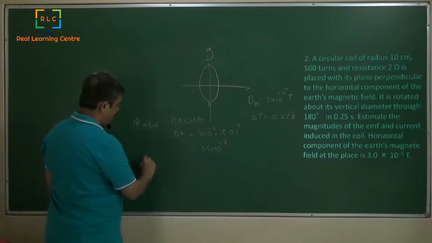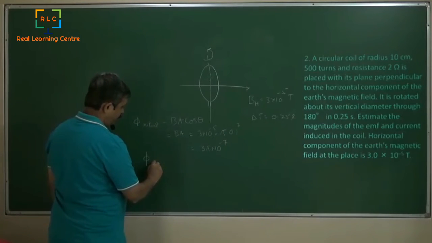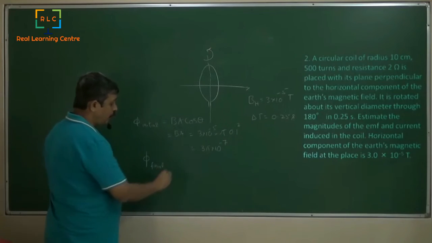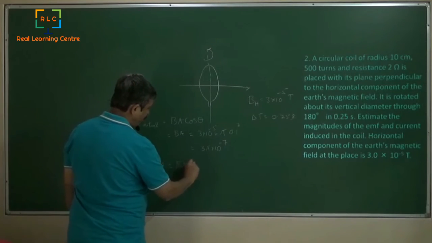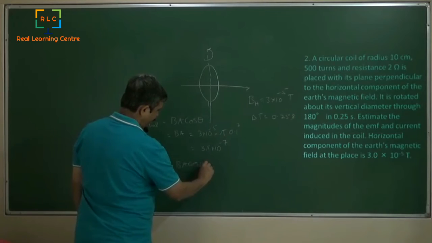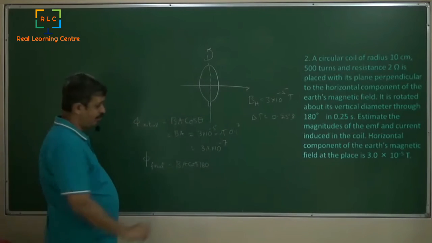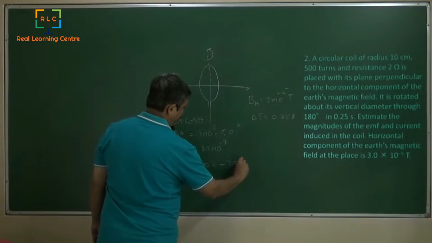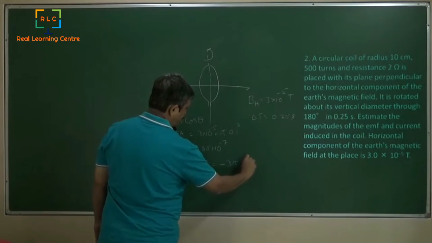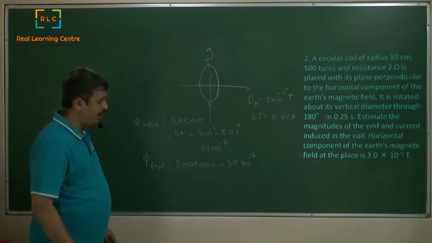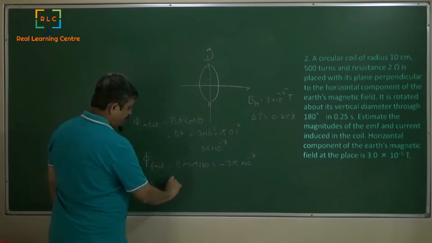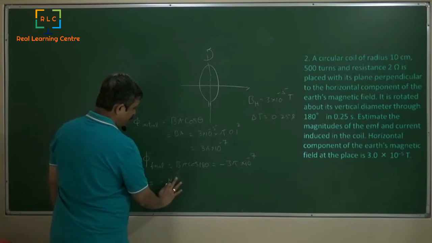Now phi final is BA cos 180, and cos 180 is minus 1. So the whole thing becomes minus 3 pi into 10 power minus 7. Now the EMF induced is equal to minus n into delta phi by delta t.